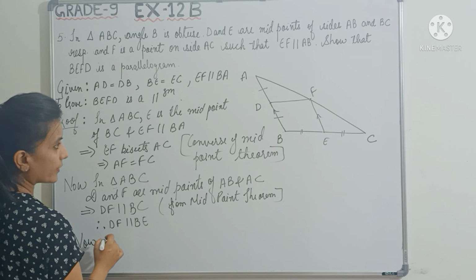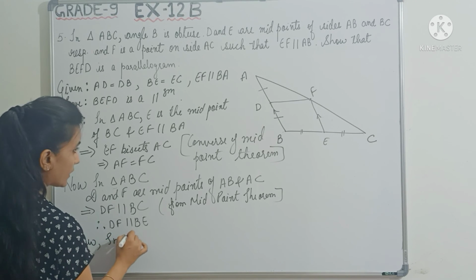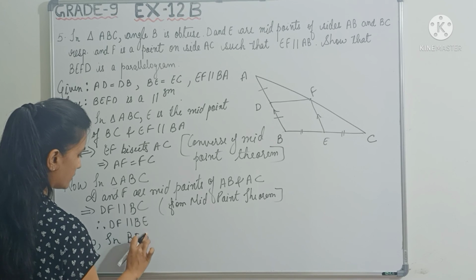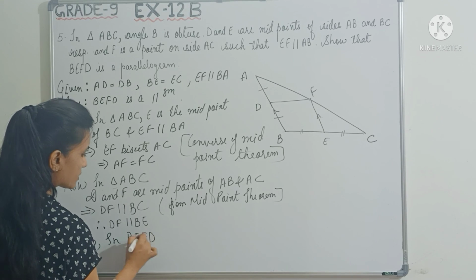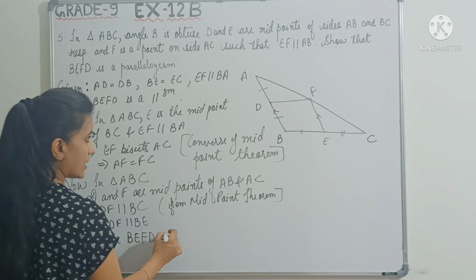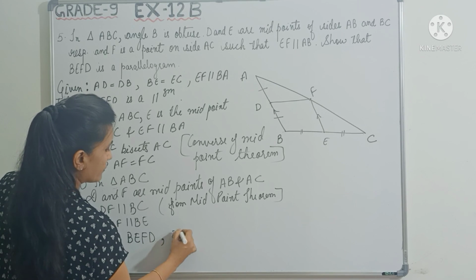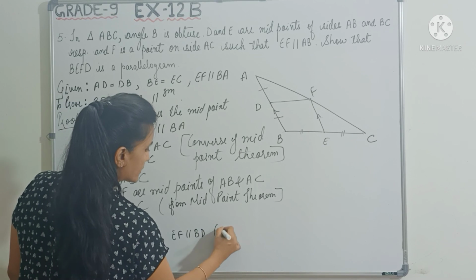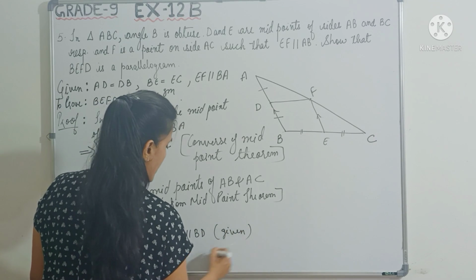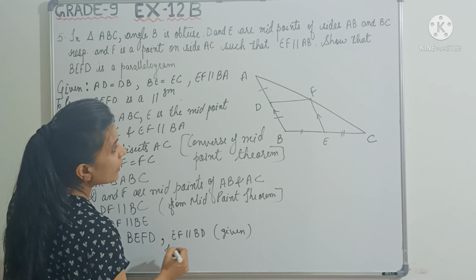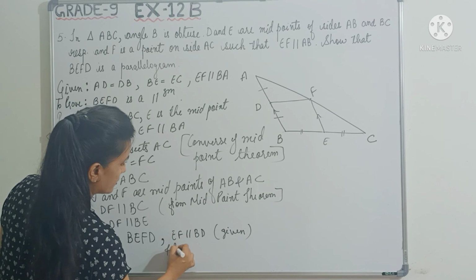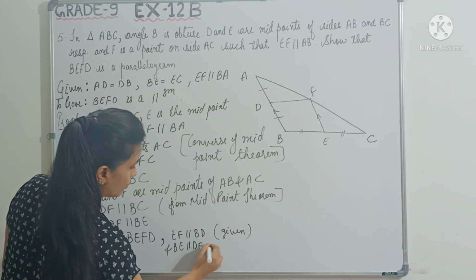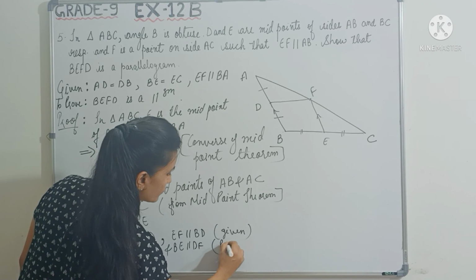Now you will write down that in quadrilateral BEFD, in this quadrilateral, what do you observe? That EF is parallel to BD. Why are they parallel? It's given, right? And BE is parallel to DF. Why are they parallel? Proved above.